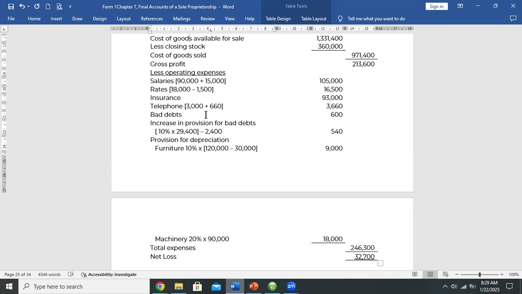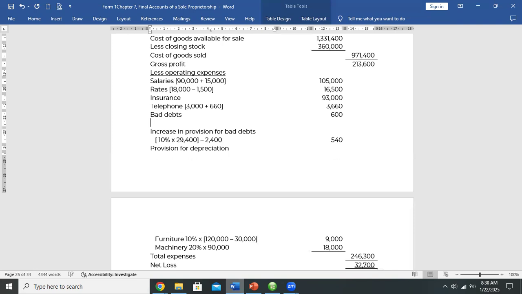Okay, and you know in accounting you have to report on everything. So in your profit and loss account, you are going to state that my rent is 3,000, all right, but this is what happened. I paid 3,500, but 500 is a prepayment. So you less that prepayment 500.